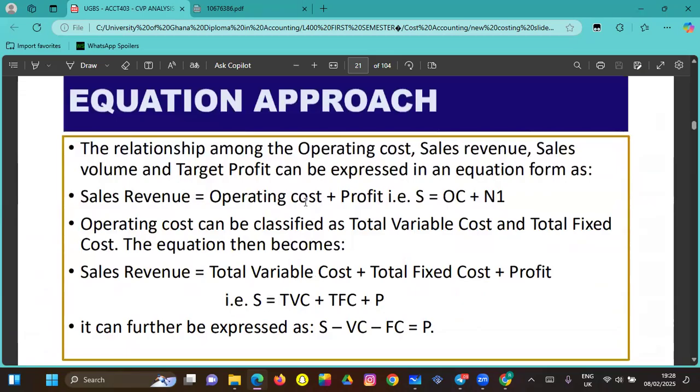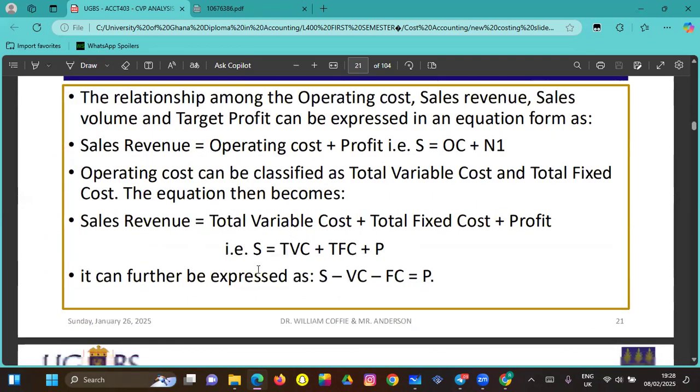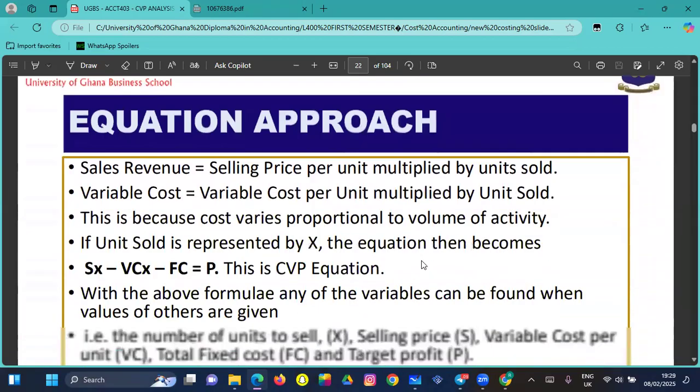Talked about this already. So this is basically the break-even equation where sales is equal to total variable cost plus total fixed cost plus profit. If you want to get profit, you subtract the total variable cost and the total fixed cost from sales, and you get your profit. That's the same thing here.